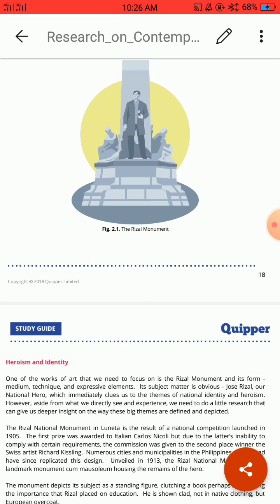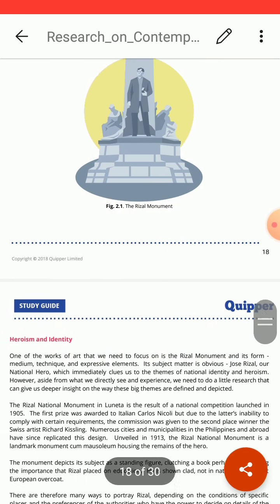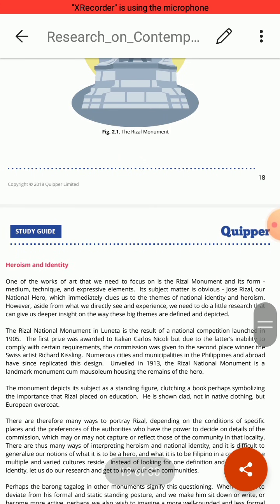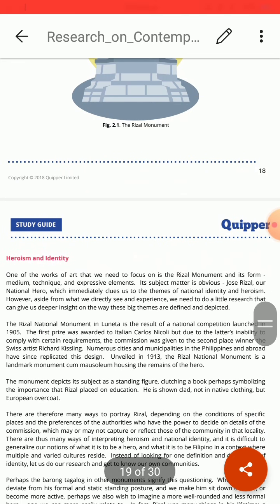First is ang heroism and identity. So, makita na to diri ang iyahang identity as a person and as a national hero. So first, nakuha daw ning Rizal National Monument in Luneta. Result ni siya sa national competition launched in 1905.